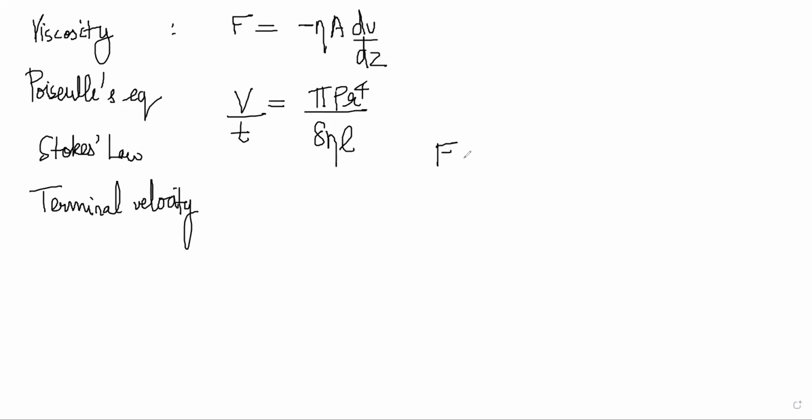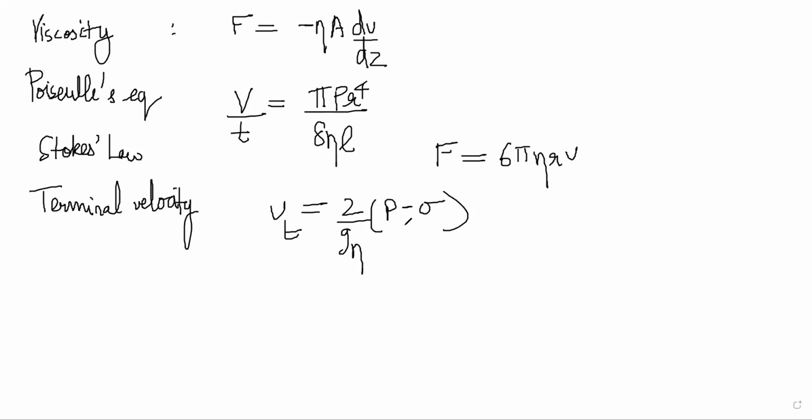This was Stokes law for a solid which is falling through a fluid. What is the viscous force on it? It will be 6 pi eta rv. And this was terminal velocity of that body as it falls through a fluid. That will be 2 by 9 eta, rho s minus rho l basically, and r square g on top.